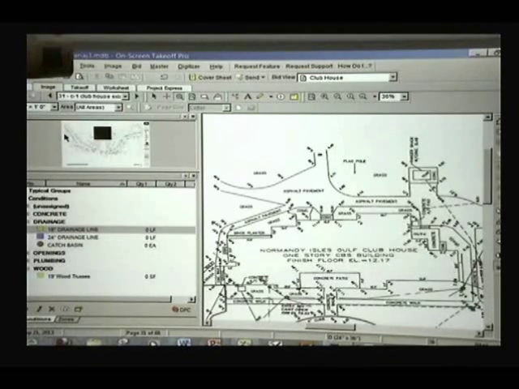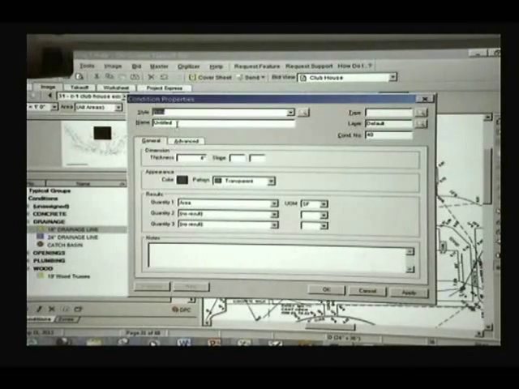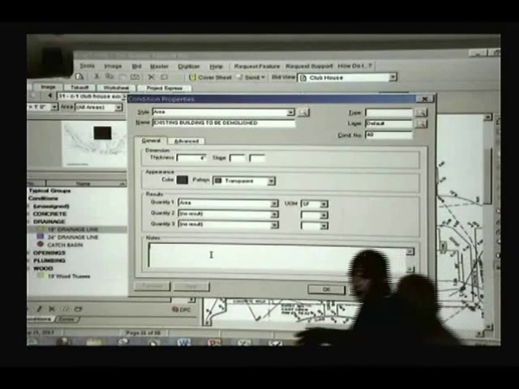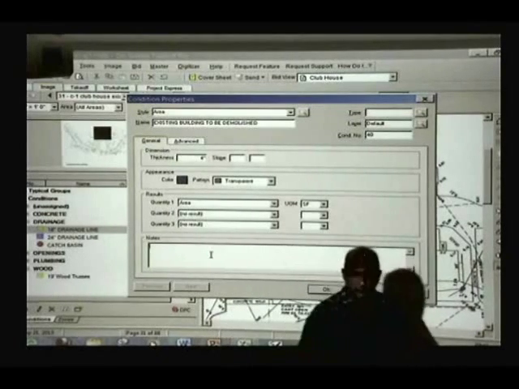So I will create a new area condition here that I'm going to call this existing building to be demolished, right? And then I will make a note here. We need to have cubic feet, right, rather than square feet.